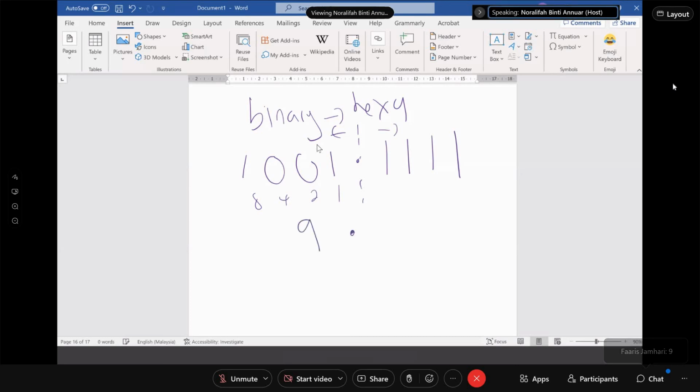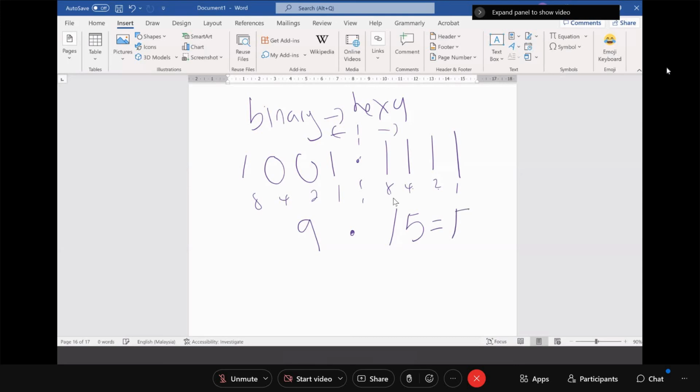What about this part? In hexa, kita boleh kira dia straightforward. Bukan macam binary dengan decimal tadi. Okay. 4, 8. 8, 12, 14, 15. In hexa. Okay, kita buat lain.